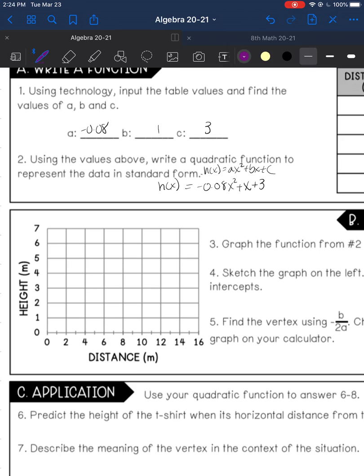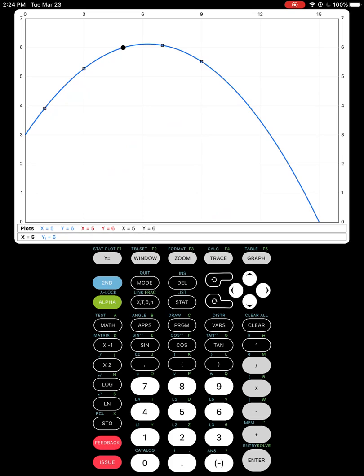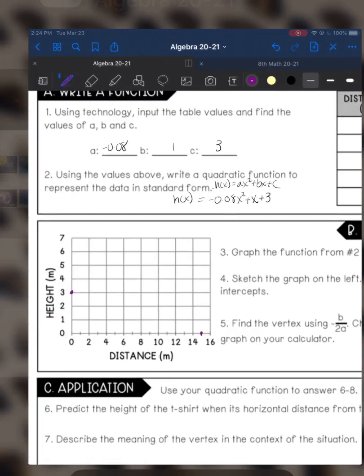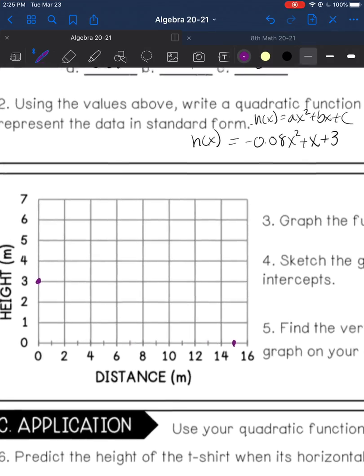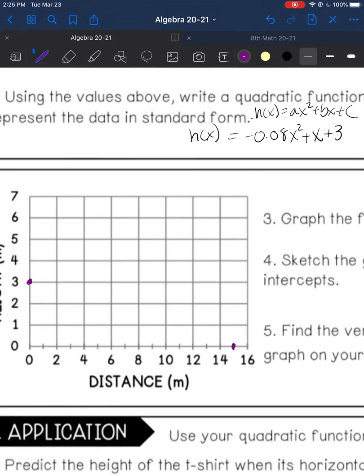I know that I have a point at 3, 0 and 15, 0. I know that my maximum looks to be about, if I go over 6 and up just past 6 on my y, about right there.